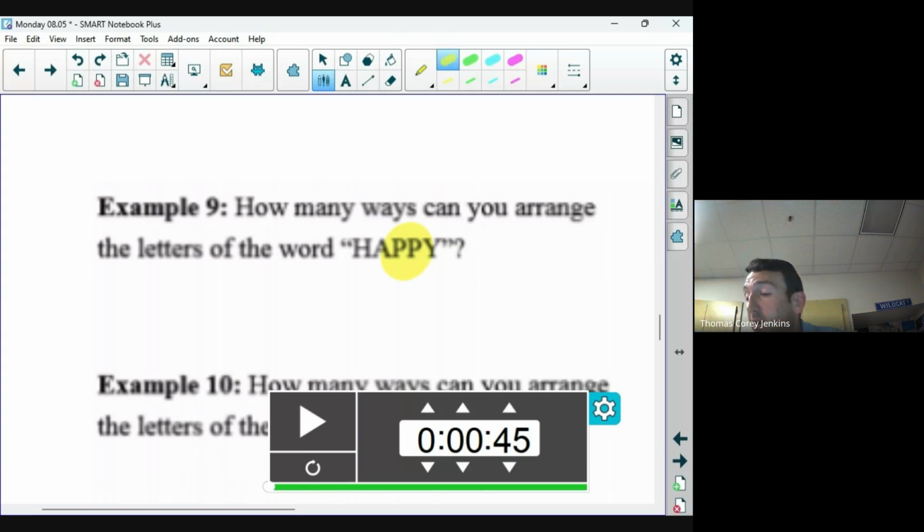So what we would do is, if it were a different 5-letter word like Corey that didn't have any repeats, we would just do 5 factorial, okay? Because there are 5 letters in Corey. Same as happy. So we're going to do 5 factorial, but now we're going to divide to take out the repeats.